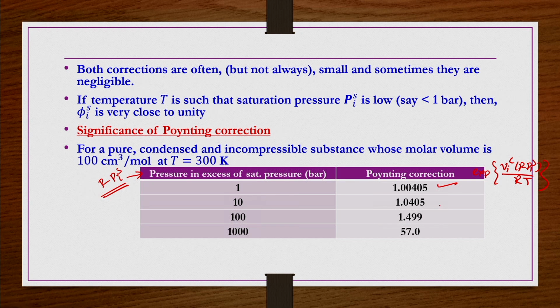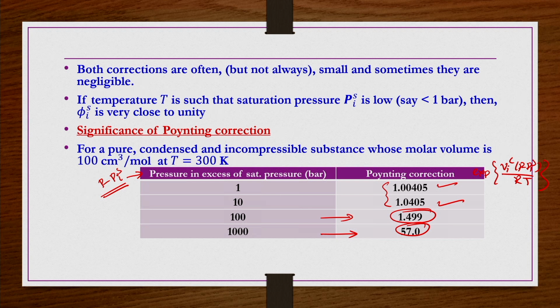If ΔP is 10, then it is 1.0405, only approximately 4%. So that means we can say it is still small. If the Poynting correction is 1 or close to 1, we can say that it is negligible. But now you can see when ΔP increases to 100, the Poynting correction is 1.5, and when ΔP increases to 1000, then it is 57.